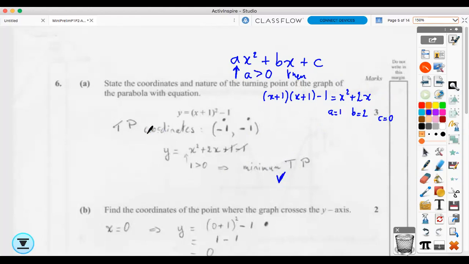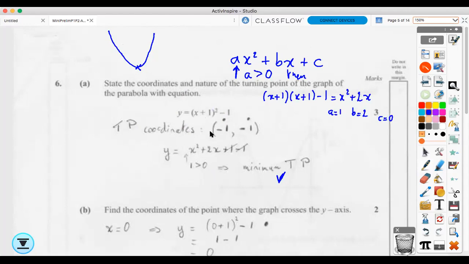Okay, now the turning point coordinates, remember, we said we've got a smiley face. The turning point coordinates happen when my first part here is 0. To get to the minimum here, this would need to be 0. Because I've got a square, this number here is always going to be positive.